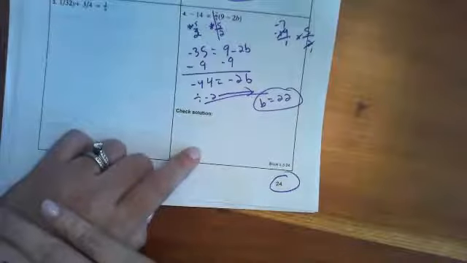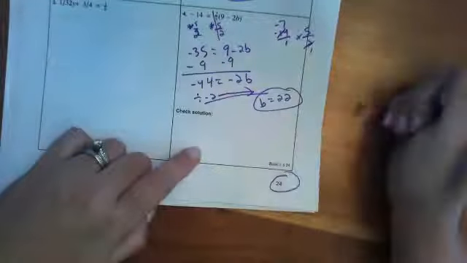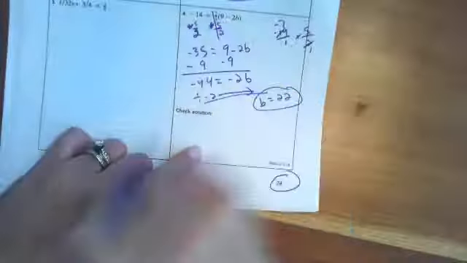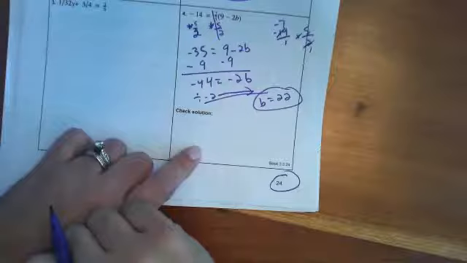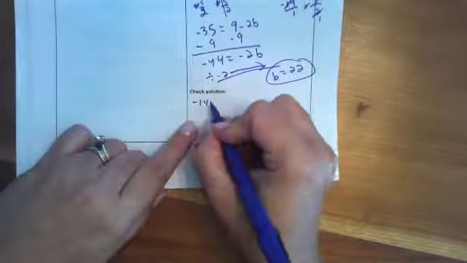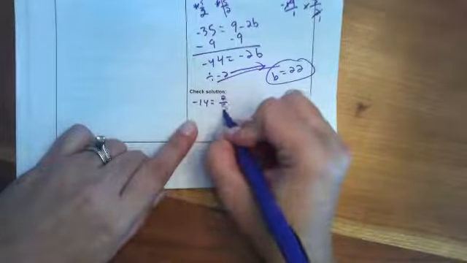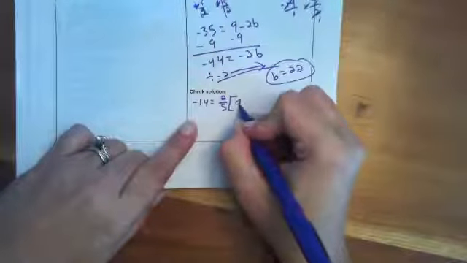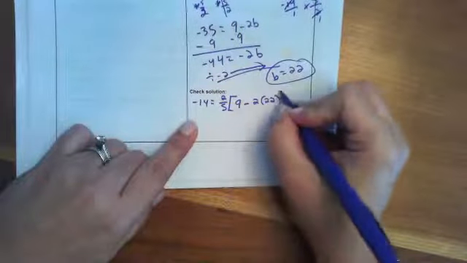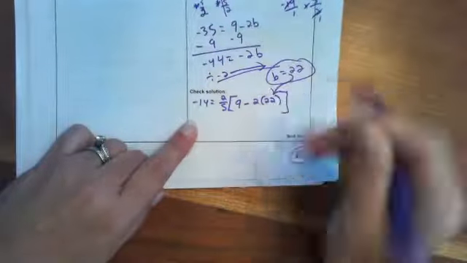Now on this one, I ask you to check your solution. So what we do is we take that solution, substitute it back in for our letter b, and simplify. So we're going to have negative 14 on the left equals 2/5 times 9 minus 2 times 22. You'll see that's where I take that and plug it in.